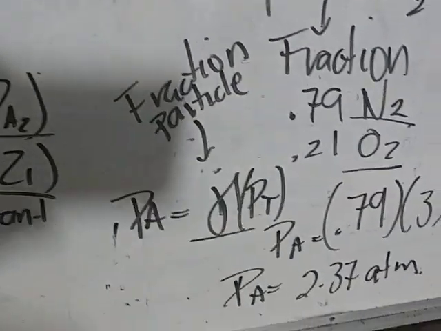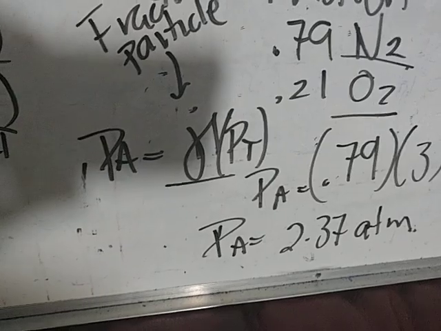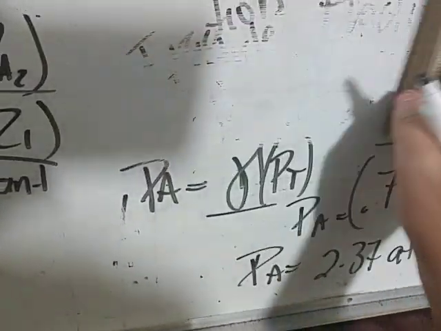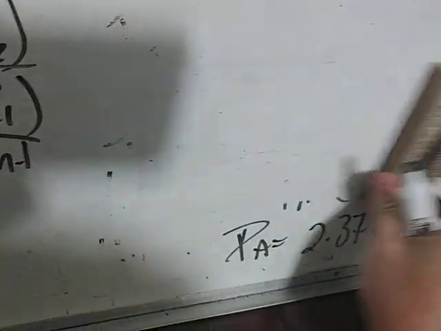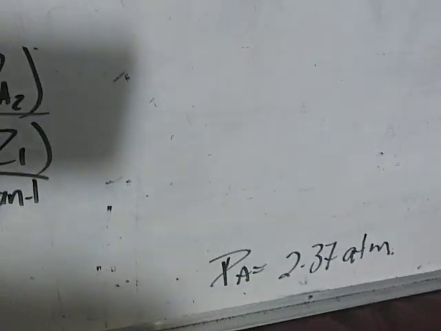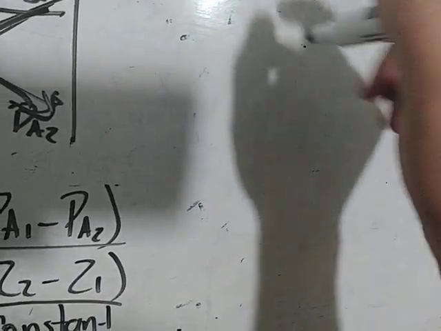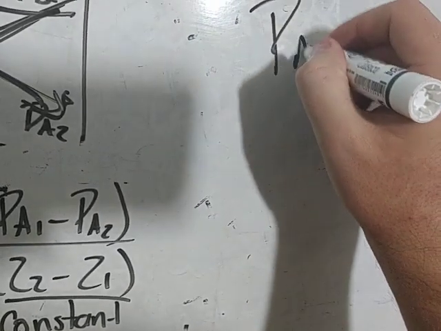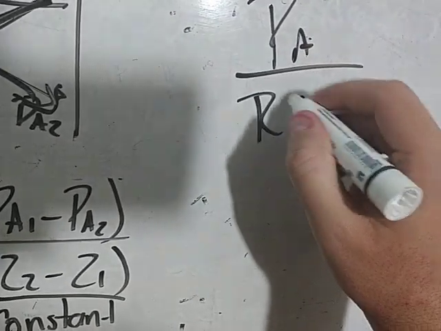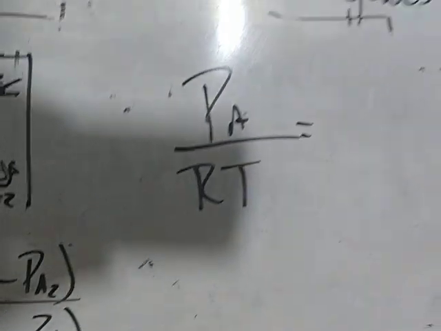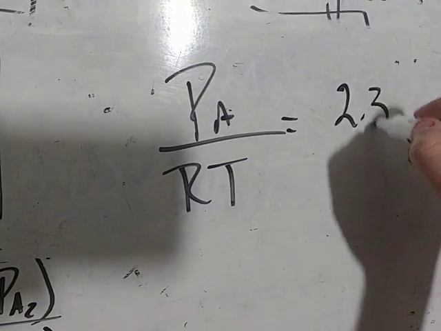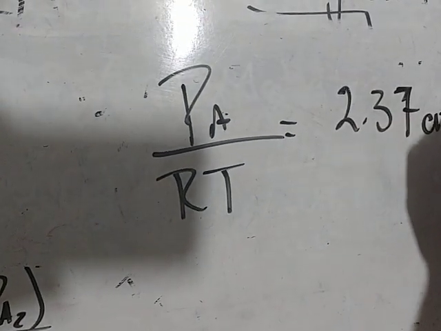Well, now we already have the pressure. This pressure is the one that we're going to use in the equation that we already checked. I already have the pressure that is 2.37 atmospheres.